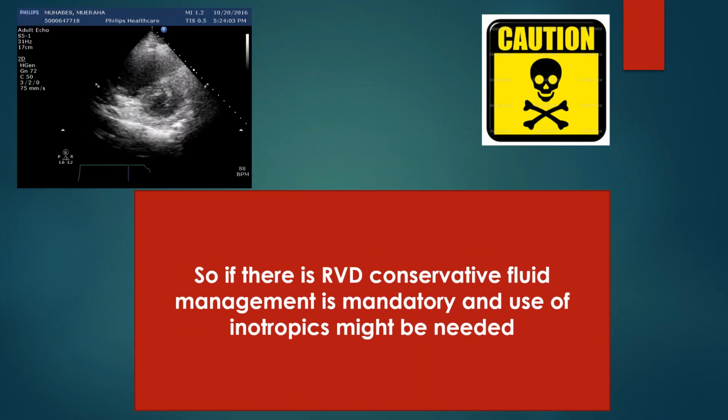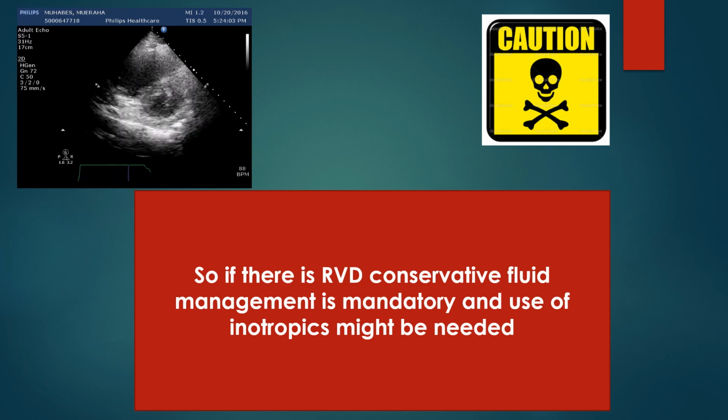Again, this is very important to see if there are signs of RV dysfunction, to benefit from two observations. Number one, you should not attempt to give more fluid to an RV like this. Number two, you should not take the prediction of fluid responsiveness signs like pulse pressure variation or systolic pressure variation or stroke volume variation or VTI variation. These variations are not going to be sensitive or specific.